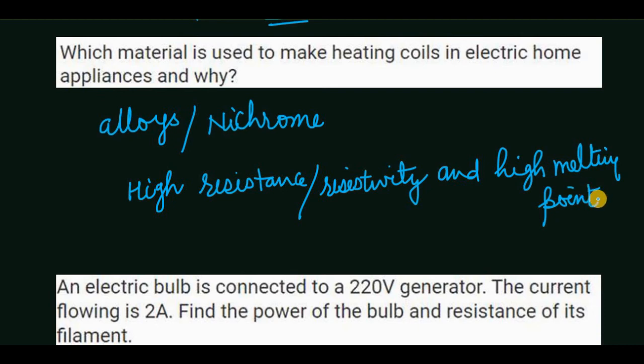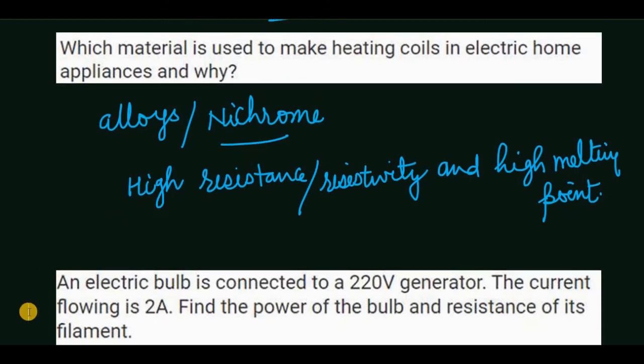So this is why we use these alloys, or basically nichrome, to make the coil of electric home appliances. Okay, move to the next question.